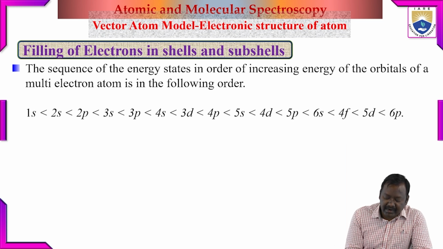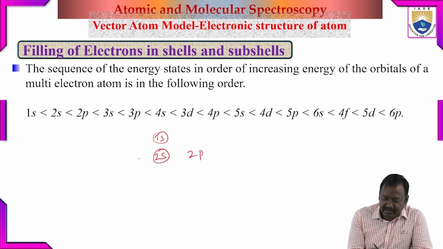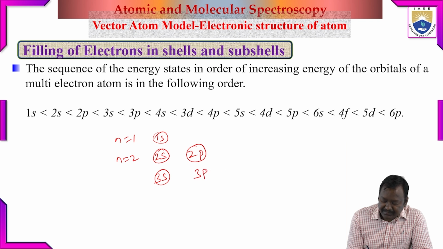In a simplified view, for n equal to 1 shell there is only one subshell, 1s, and for n equal to 2 there are 2 subshells, 2s, 2p. For n equal to 3, 3s, 3p, 3d, 3 subshells: s, p, d.